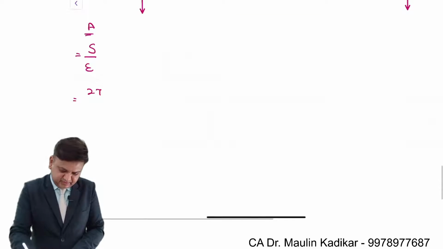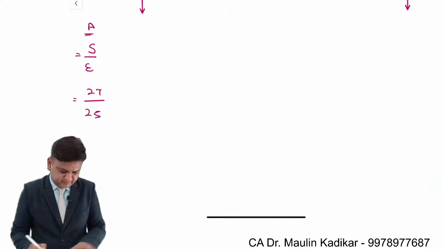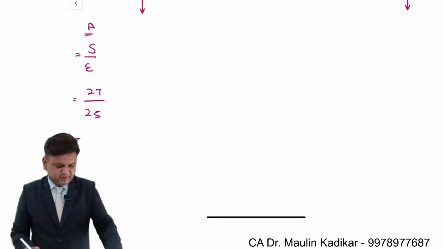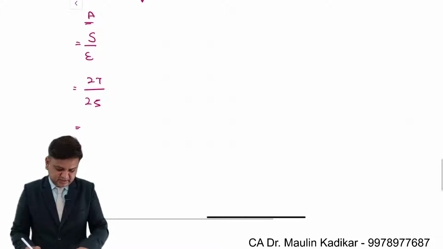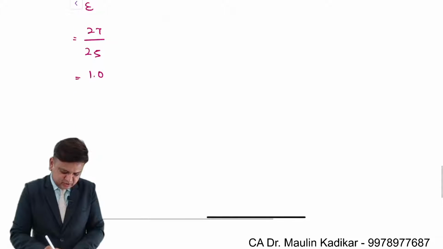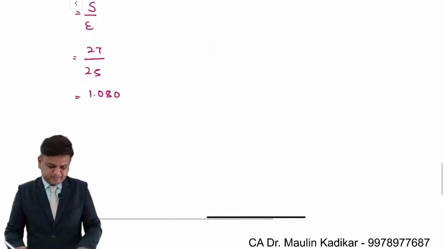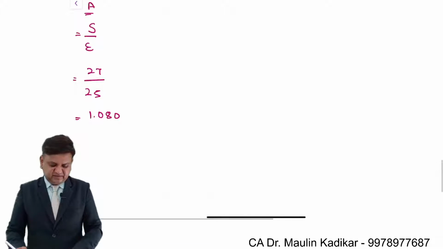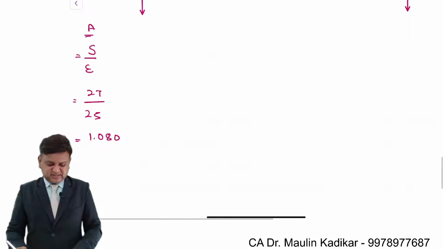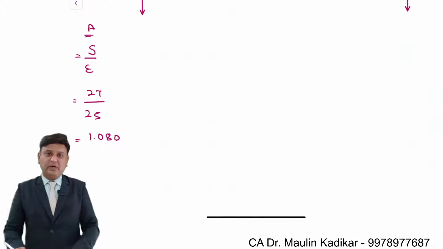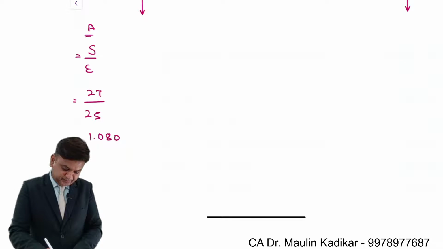Spot is 27, exercise is 25. So 27 upon 25 is 1.080. S divided by E is calculated up to 4 digits, 1.080. Then step B is the 10 base log table.